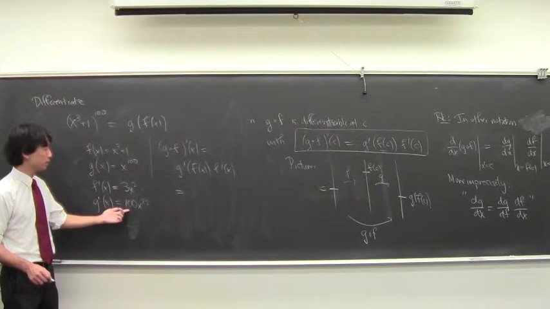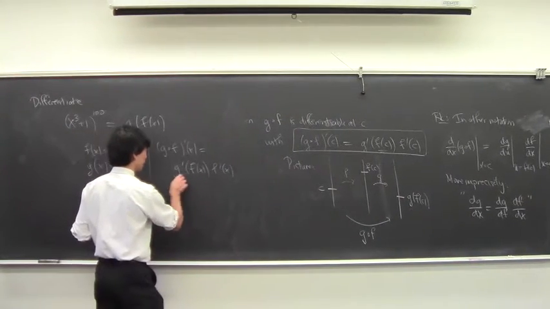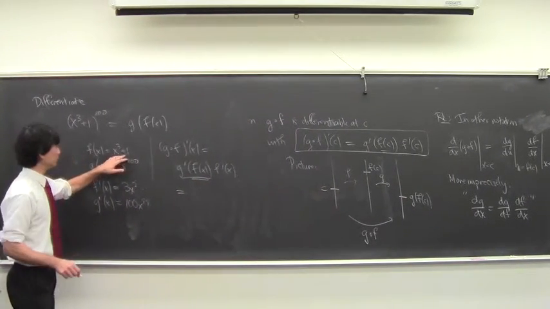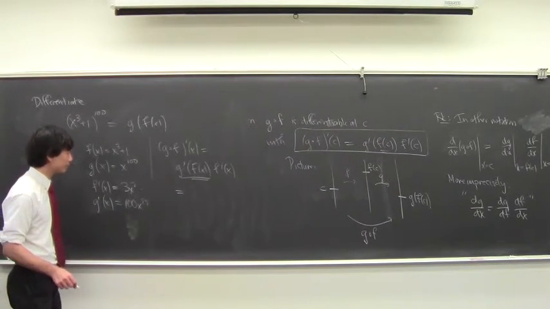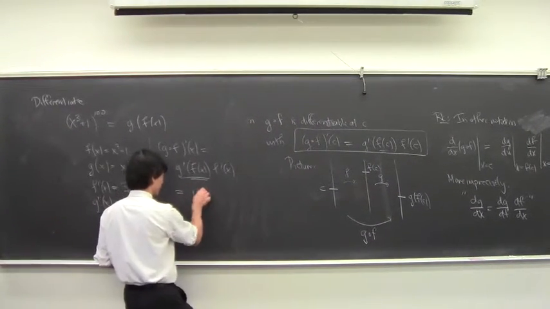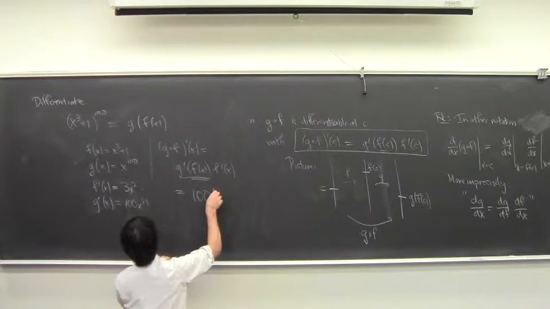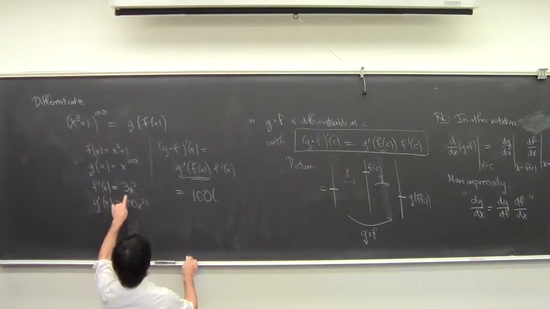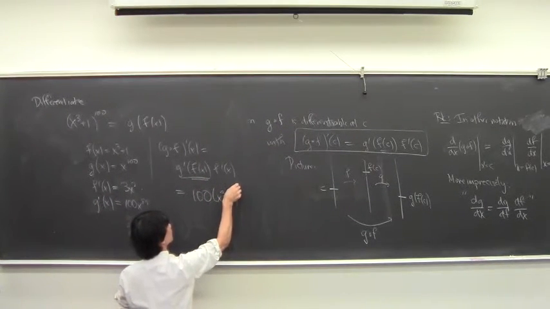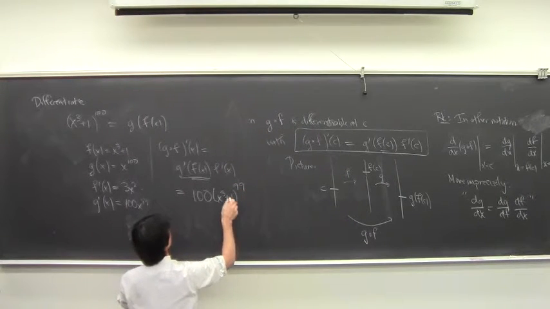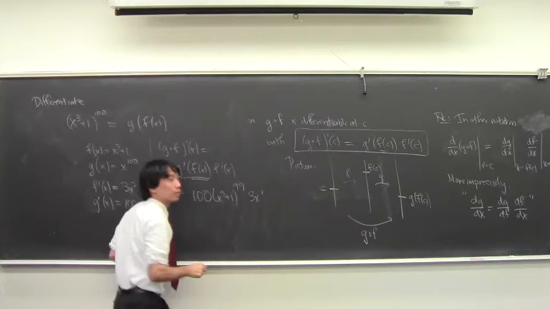You've got g prime of x, and you put f of x into there. So x cubed plus 1 to the 99, and then times f prime of x. Well, f prime of x is right there. Just 3x squared.